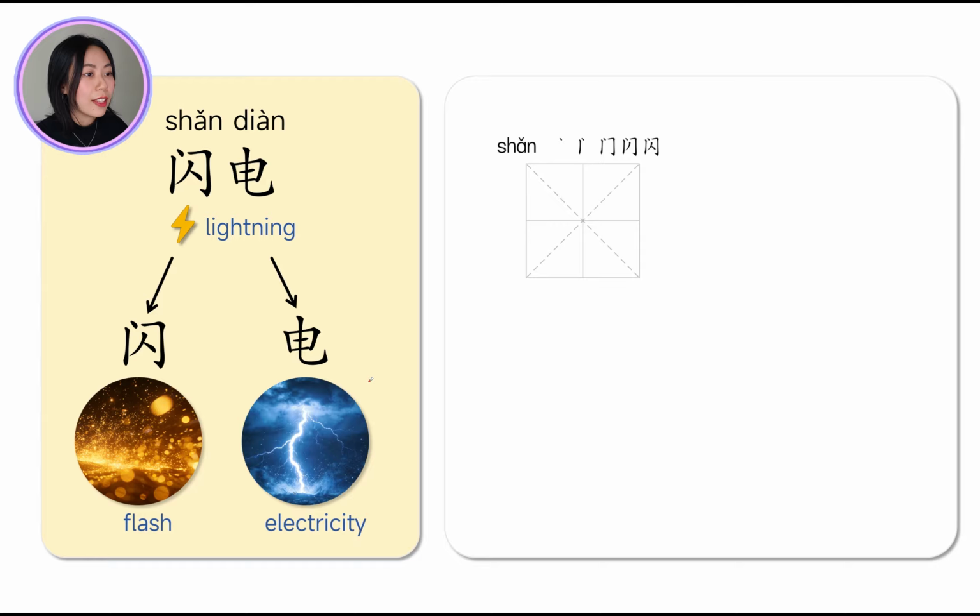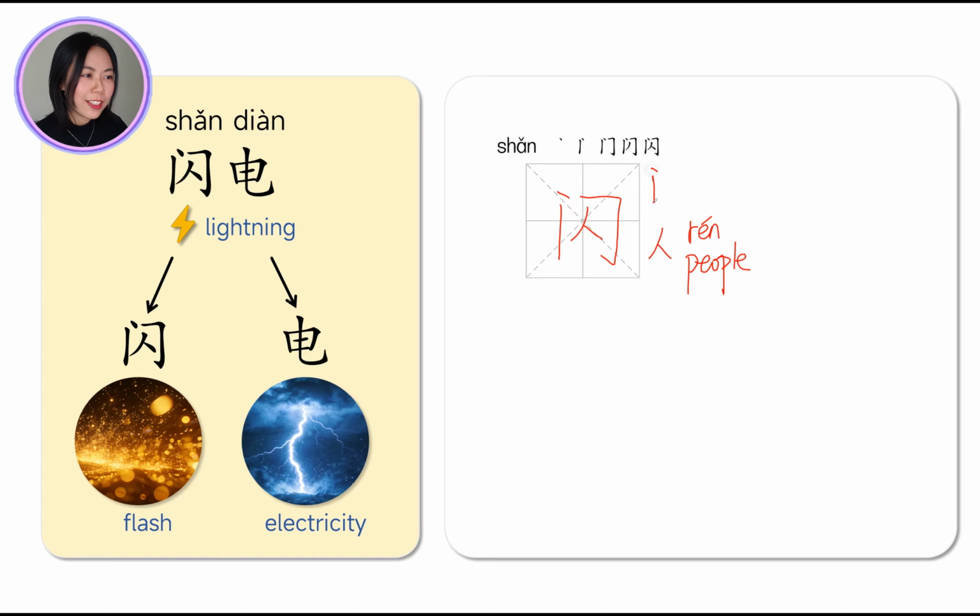The 闪 is a half surround structure, and we're going to write from the outside to the inside. 1, 2, 3, and then fill in the inside. 4, 5. Very good. And you might see, wow, I can see a 人 in it. 人, okay, very good. That's people.